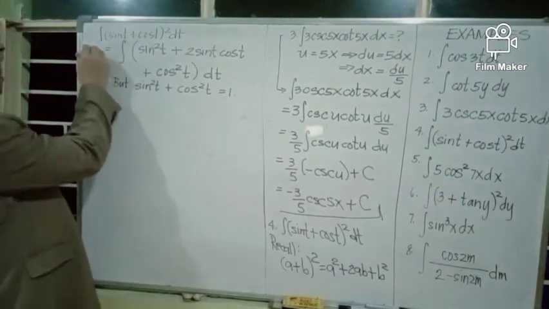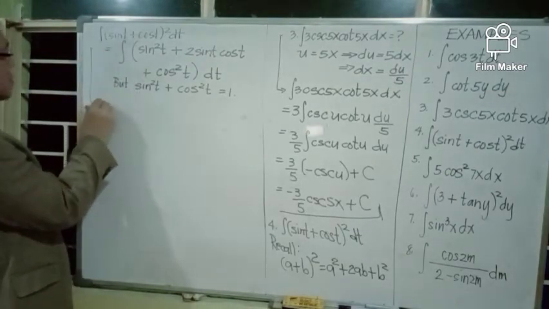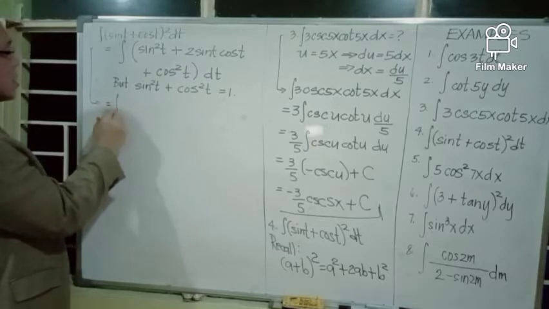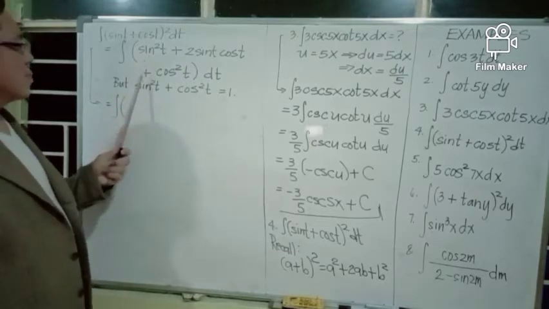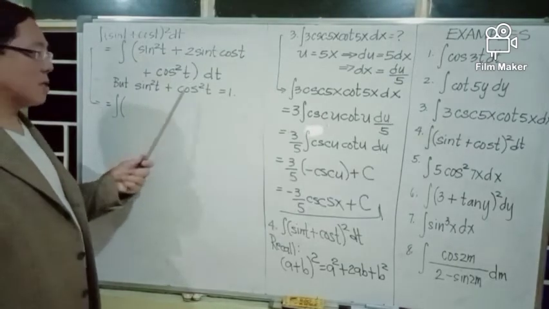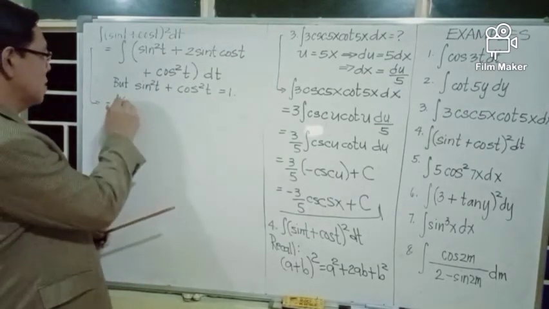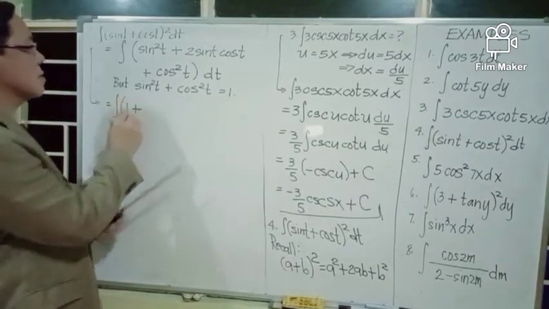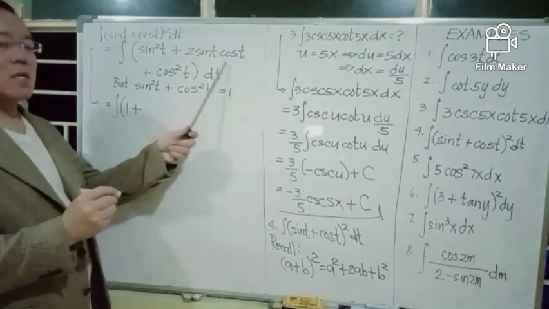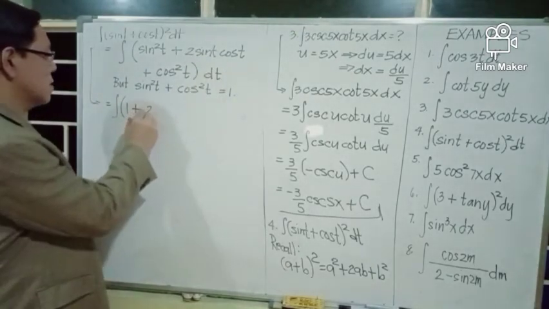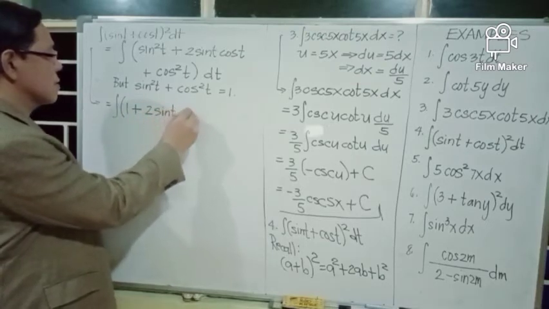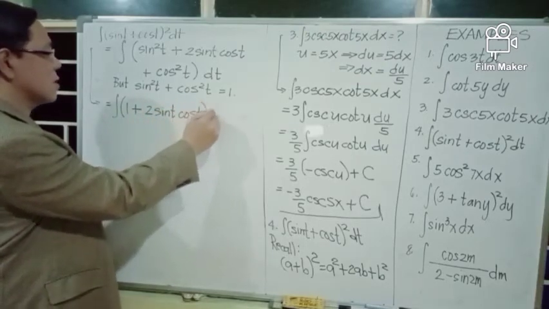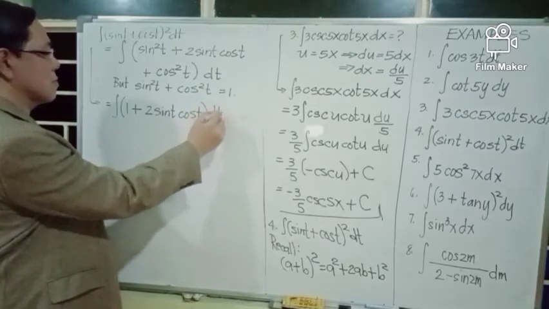Hence, this is now equal to the integral of sine squared t plus cosine squared t, which is equal to 1, so 1 plus 2 sine t cosine t with respect to t.